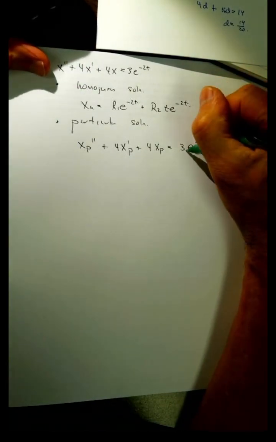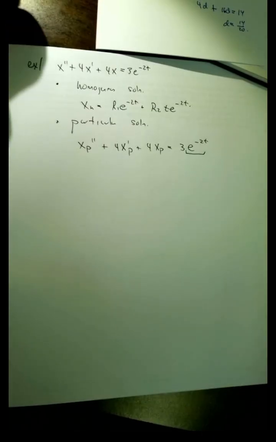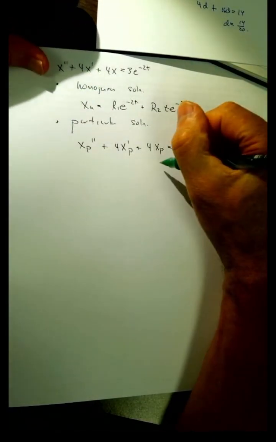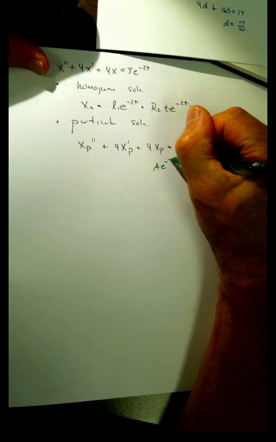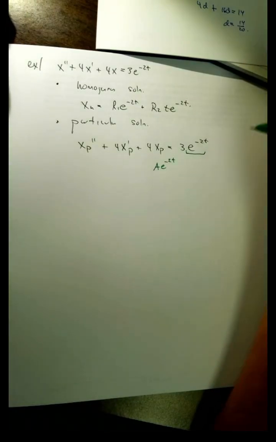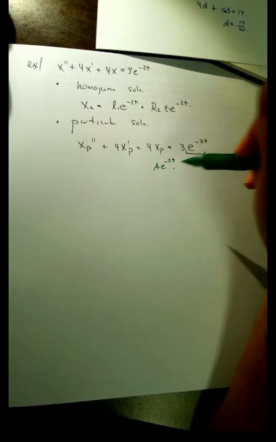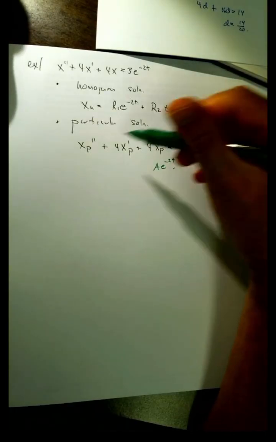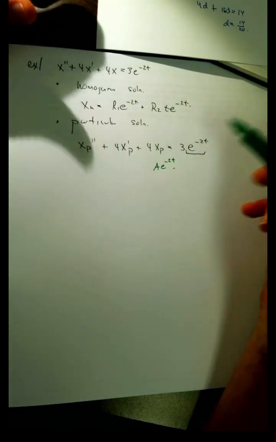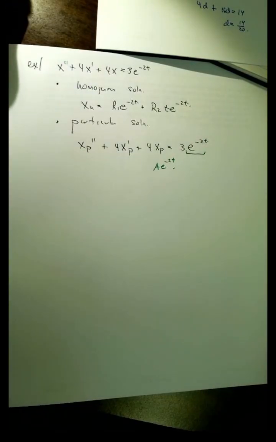So I am looking for a function that when I take derivatives of it, I get e to the minus 2t. My guess should be e to the minus 2t. That's because when I take derivatives of this, I'm going to end up with e to the minus 2t, and I know that the result should look like this exponential.